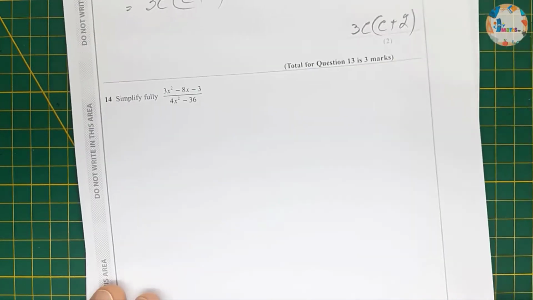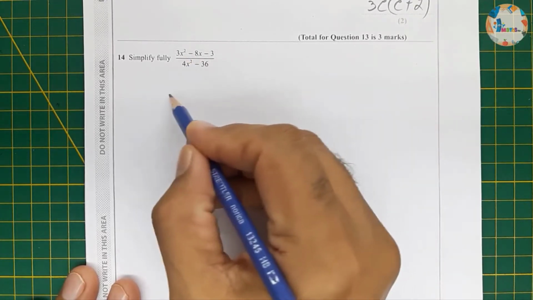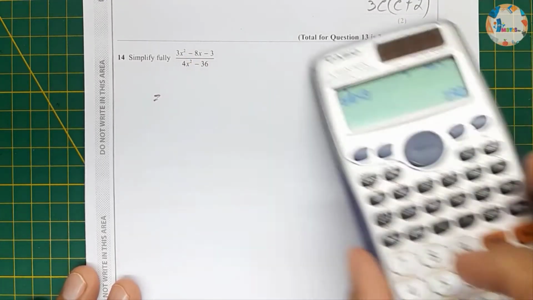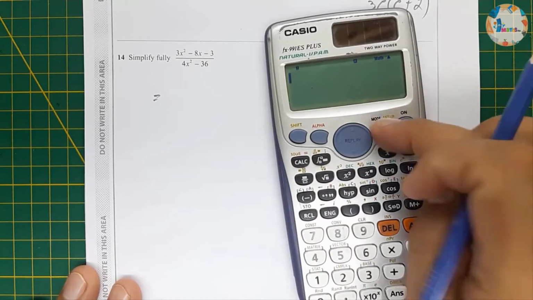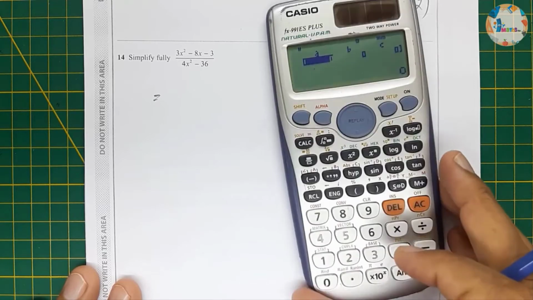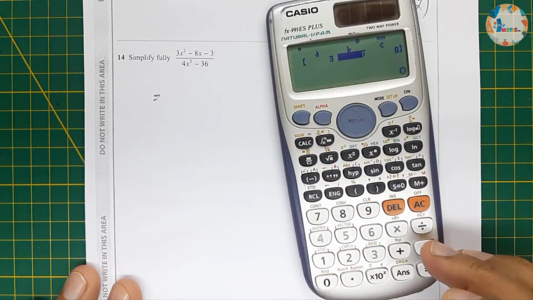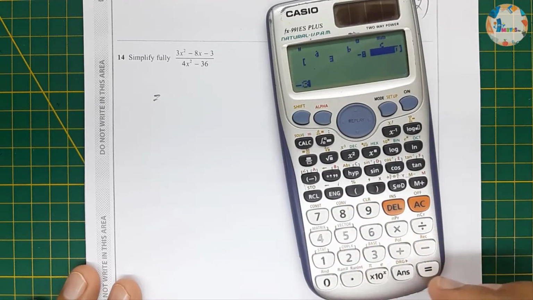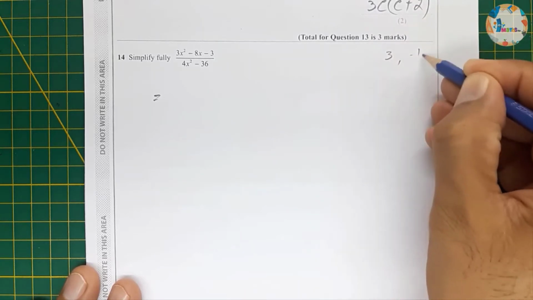Simplify, question number 14. This is an algebraic fraction they have provided. We'll have to factorize the numerator and also factorize the denominator. The easiest way is this one. You should solve this using mode 5 3, and the coefficient of x square is 3, the coefficient of x is minus 8, and the constant is minus 3. After feeding this, we'll press this, so we got 3 and minus 1 over 3.